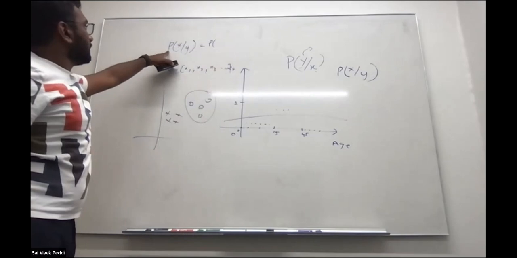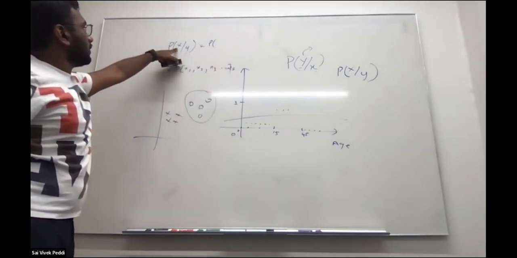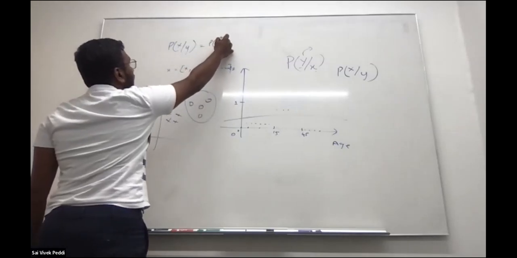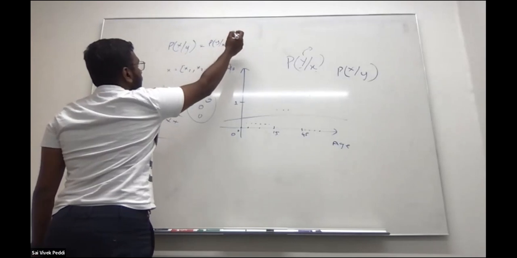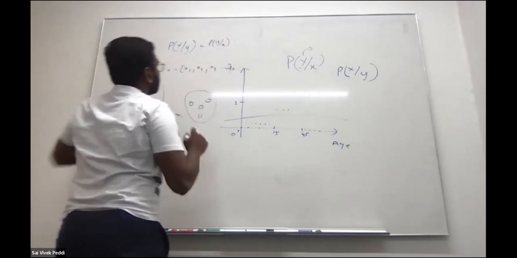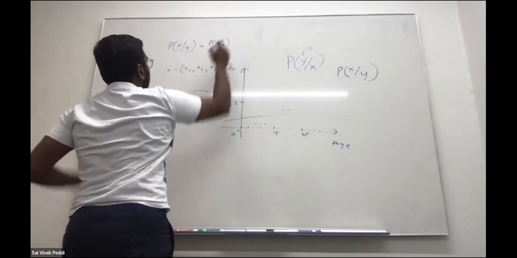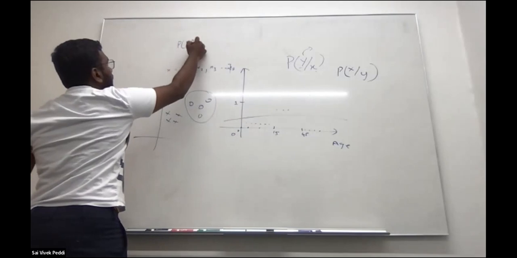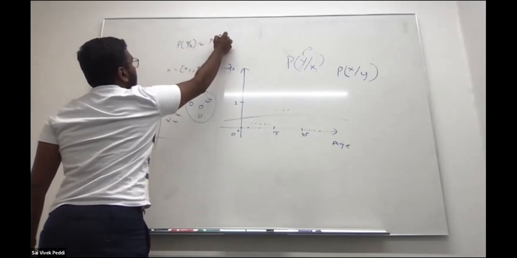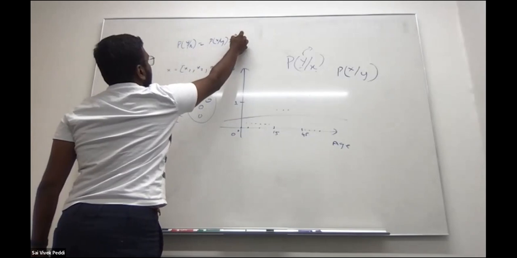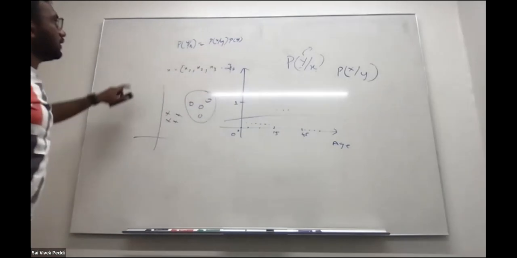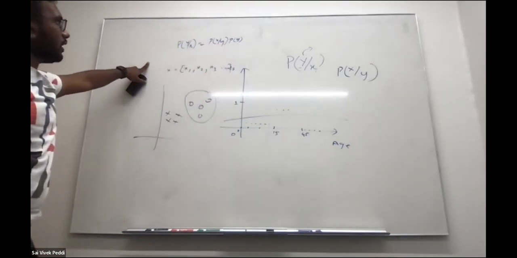So when you're trying to predict, given y, what is the value of x, it can be written as p of y given x equals p of x given y into p of y. So this is essentially what we'll try to formulate.